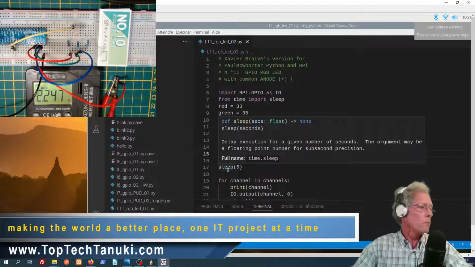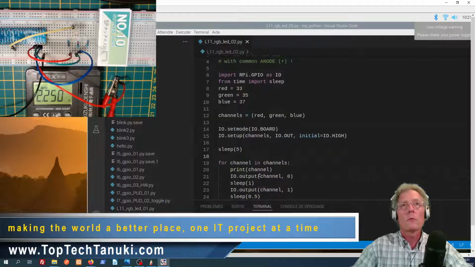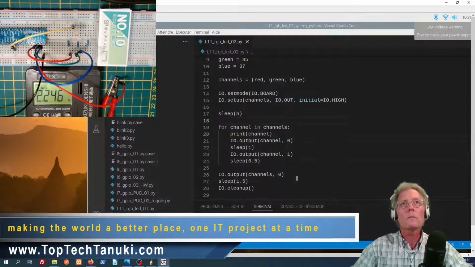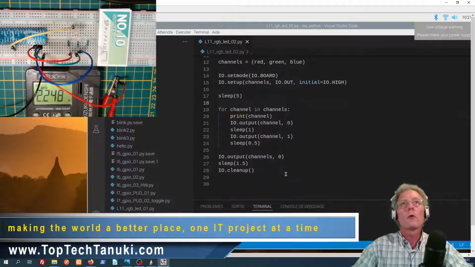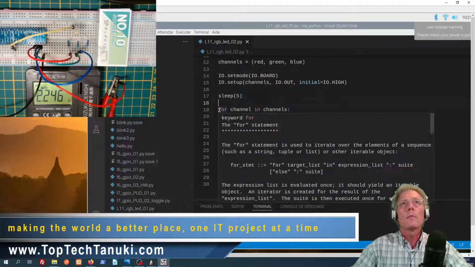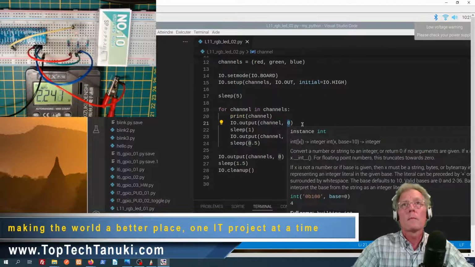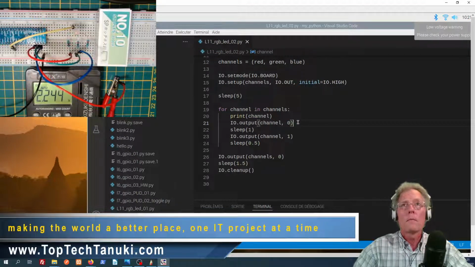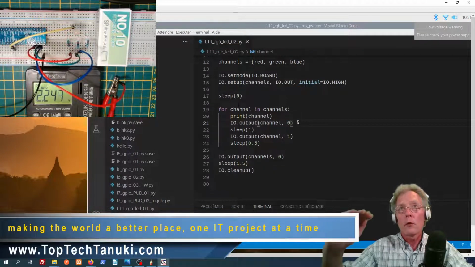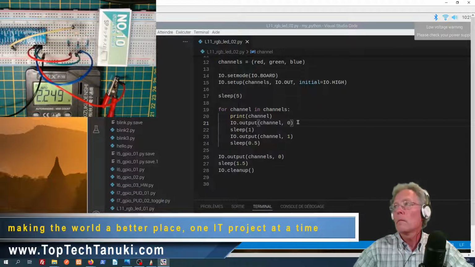I'll just leave a 5 second wait, so I had the time to take some measurements with the voltmeter. Then I loop on the channels, and for each channel I will set the signal to 0, and then this pin will act somehow as a minus pole, because the voltage will be lower than the anode one.